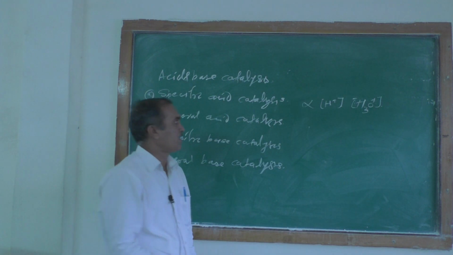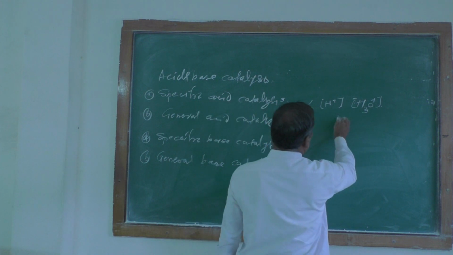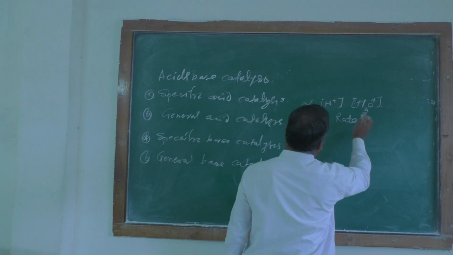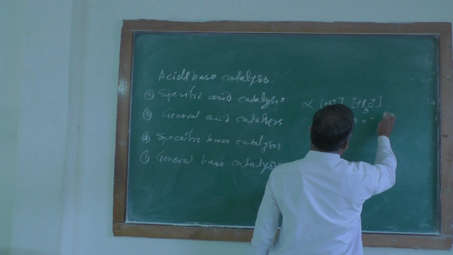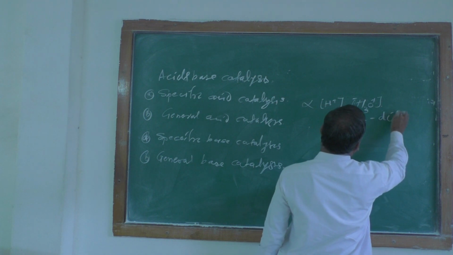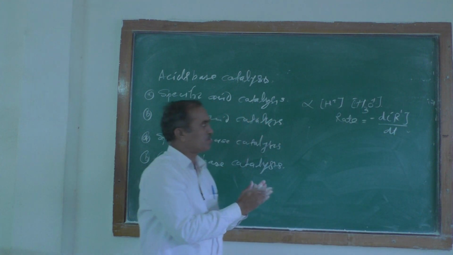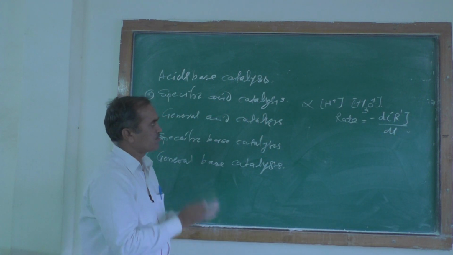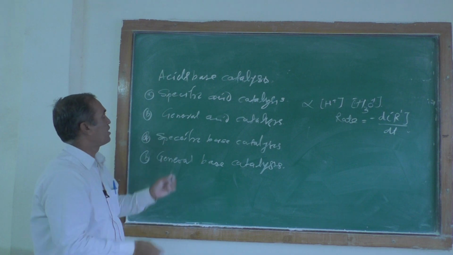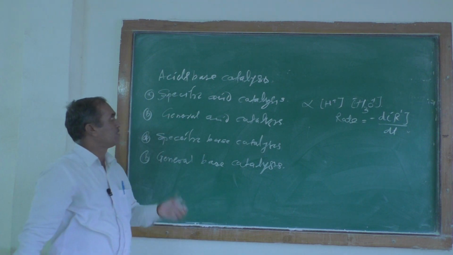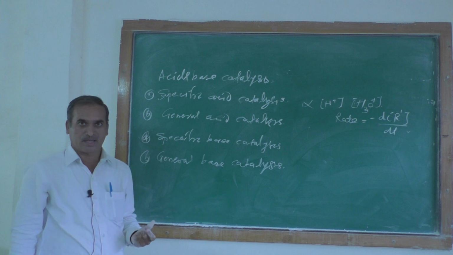Normally the rate is equal to minus d[R']/dt. As time changes, the rate goes on decreasing. This kind of reaction is called specific acid catalysis.